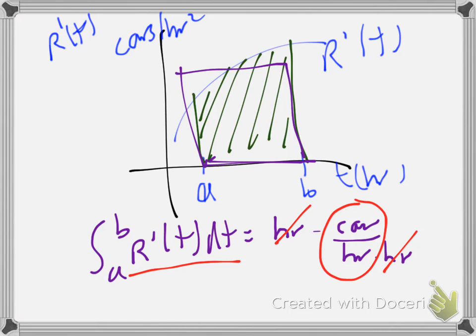Okay, cars per hour. And so we get r of b minus r of a, and that would be just the rate at which the cars are traveling through the intersection at time b minus the rate at which the cars are traveling through the intersection at time a in cars per hour. Cars per hour.